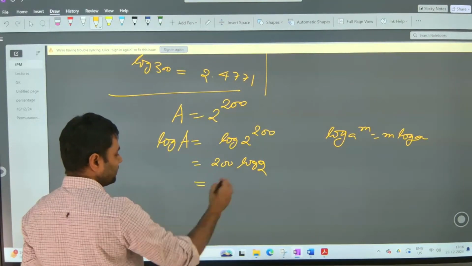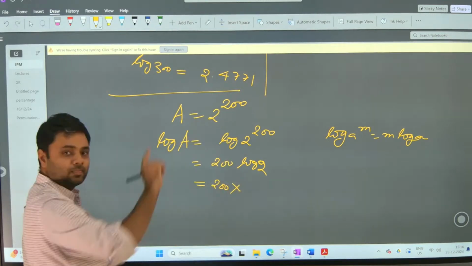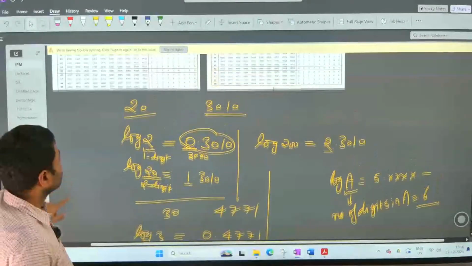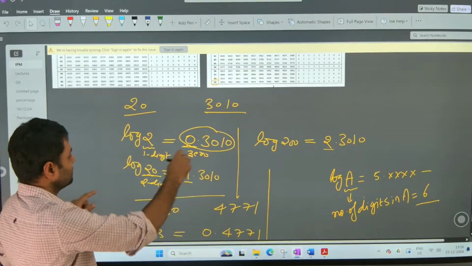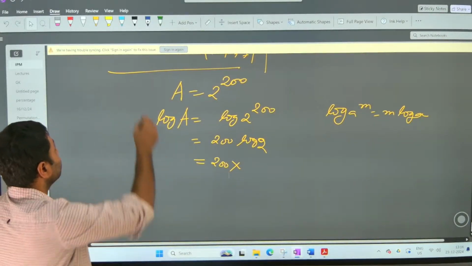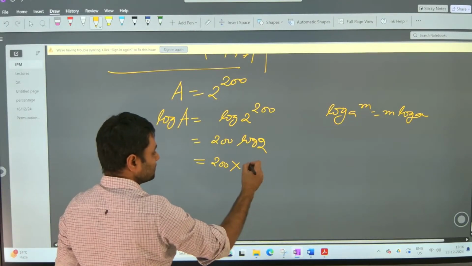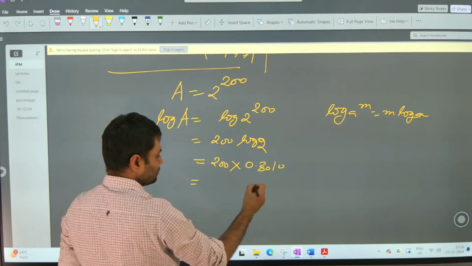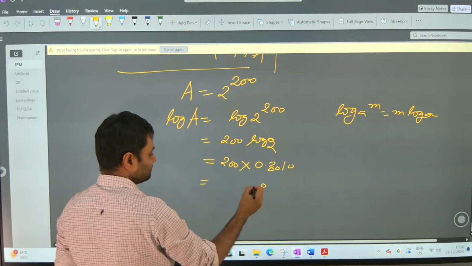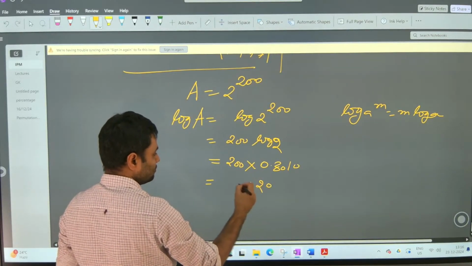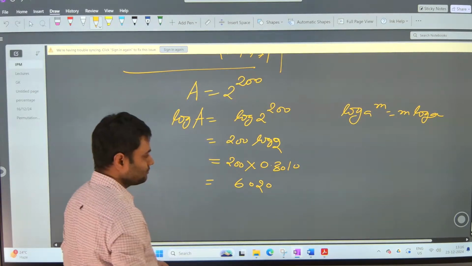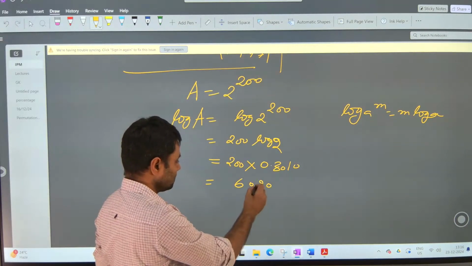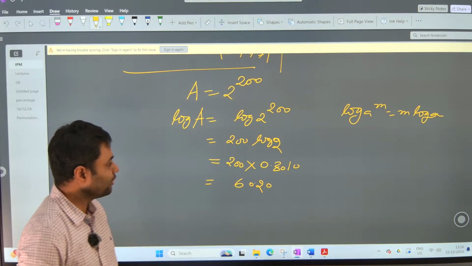Now log 2 we have just discussed above, log 2 is 0.3010. Hence this will be 200 times 0.3010. So if you multiply this, we get 60.20.